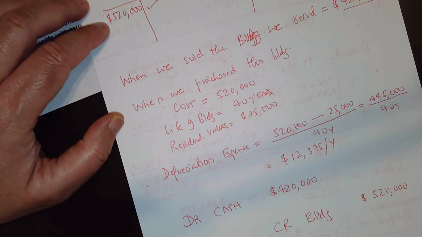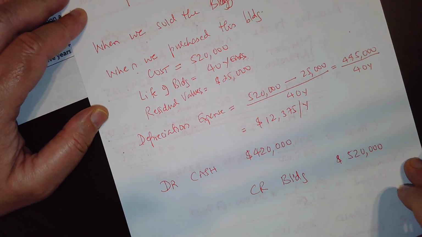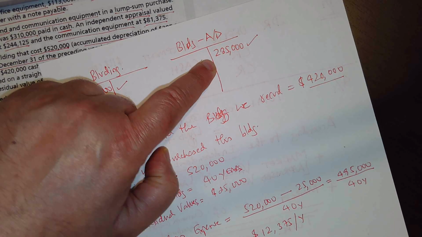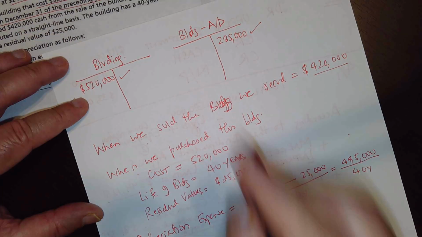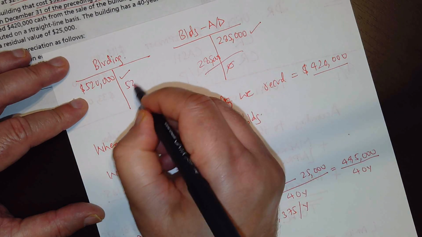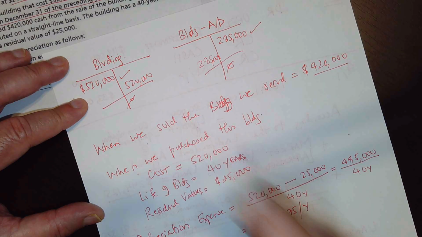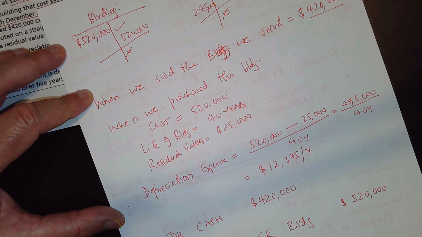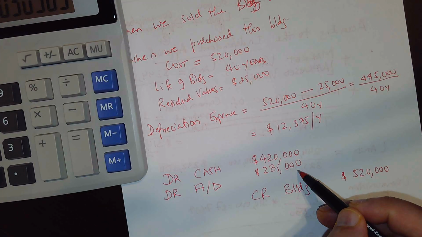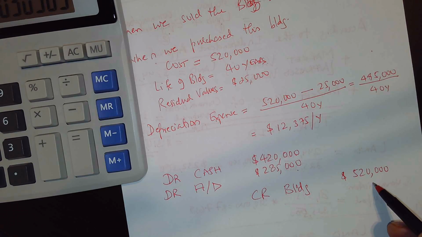So if the asset comes in at a price, it will go out at the same price. What else goes out? When we sold the asset, the accumulated depreciation, $285,000, we're going to debit. That will cancel out what we have already credited. So we're going to debit accumulated depreciation of $285,000.